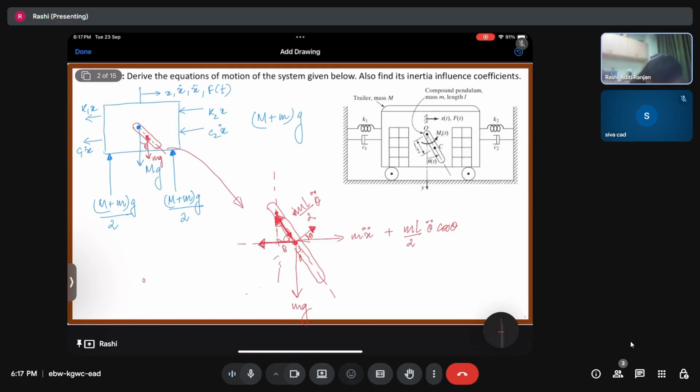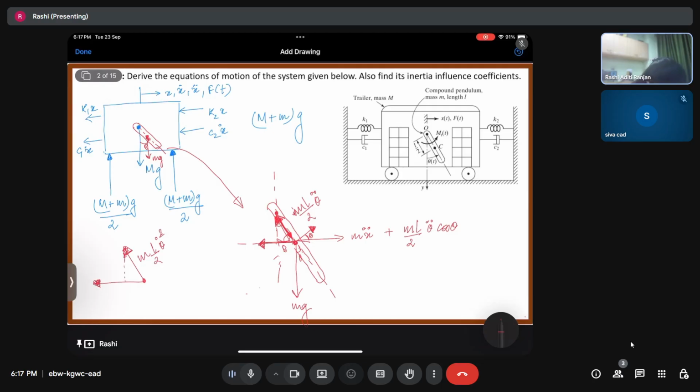I'll just make it over here: we have m L by 2 theta dot square, which has a component in the horizontal direction.